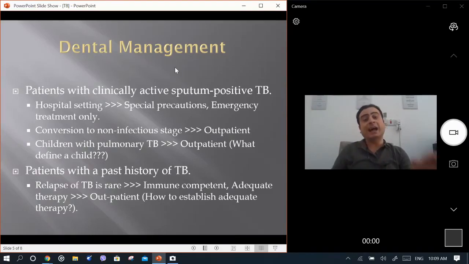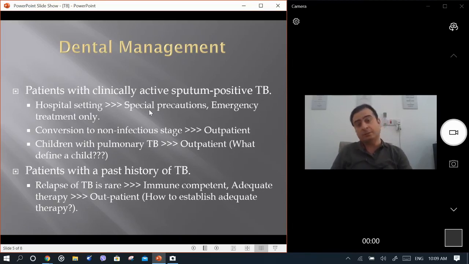these are considered highly infectious. They have a high rate of transmission of the disease to other patients or to the operator him or herself. Those patients usually need to be treated in a hospital setting, and only for emergency treatments.